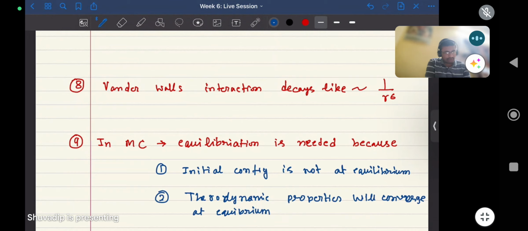Those properties are only defined if you want to do an Rg average, and this is only valid in equilibrium. So you have to collect configurations which are already in equilibrium, and then do the average of Rg. So for thermodynamic properties, for averaging, you have to reach equilibrium first, and only then can you do the averaging.